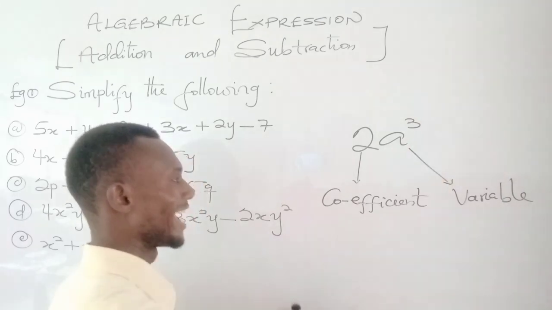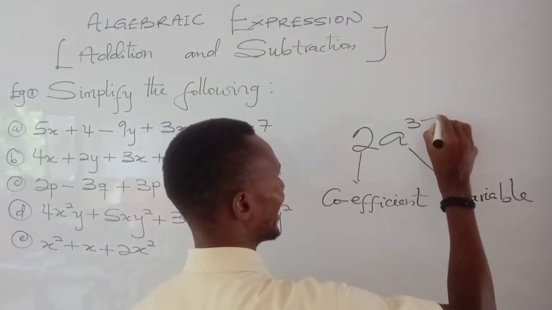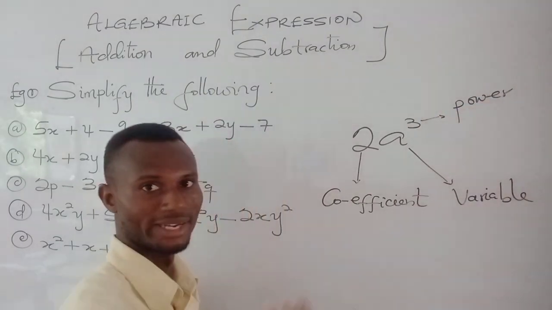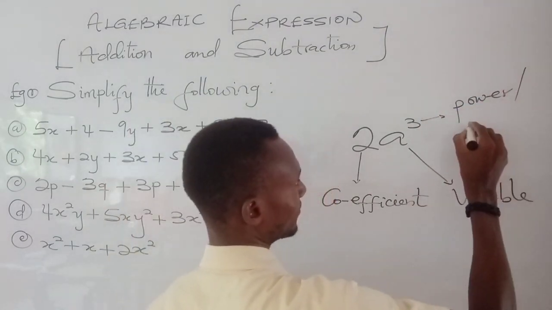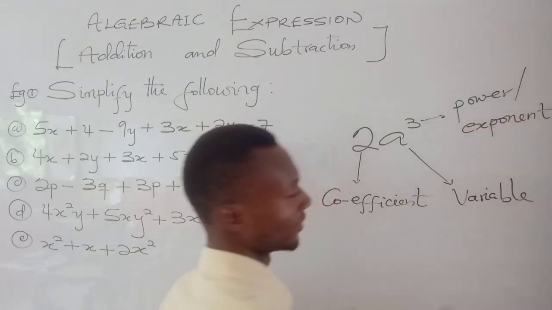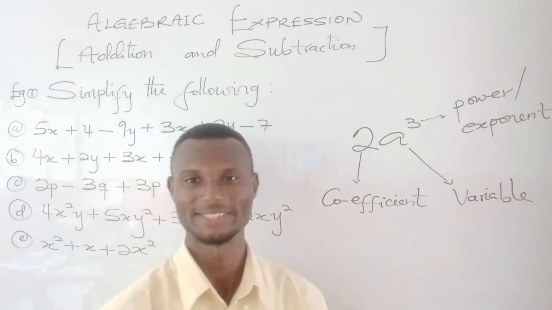So the 3 here is called the power or the exponent. Good. I hope you understand up to this point.